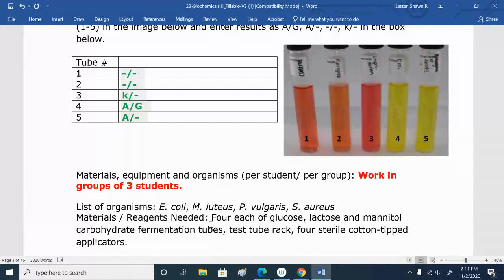How can you have an organism that cannot even ferment glucose? And you actually do know the answer to this, but it's an application question. So Micrococcus luteus, all the tubes would have looked like tube number 1, all negative, no acid, no gas. Even for glucose, no acid, no gas. And so how can you have an organism that cannot ferment anything, not even glucose? Any ideas?